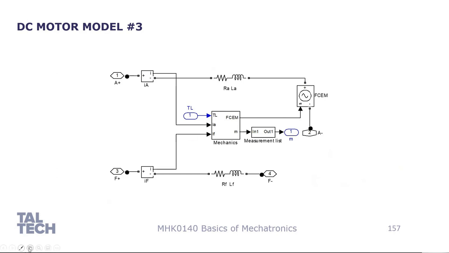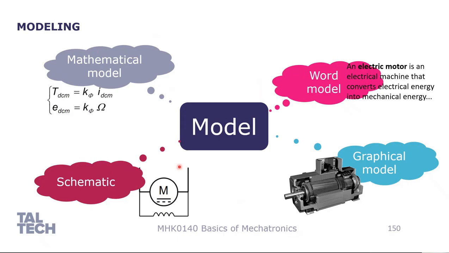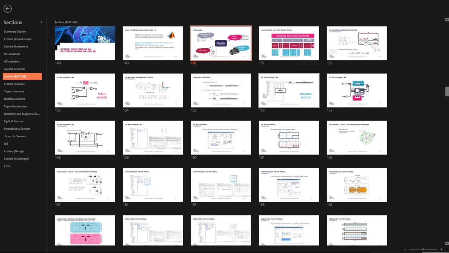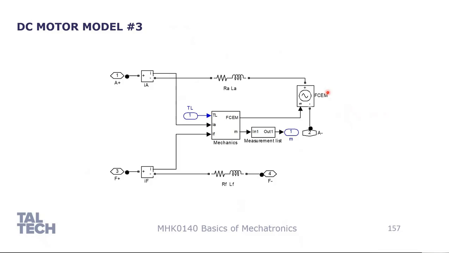So in other words, we need to know this part of the model, right? And additionally, we need to know how they are interconnected to each other. Those are different parts. So this is a part of the bigger model. But in here, we still need to understand what is happening inside.